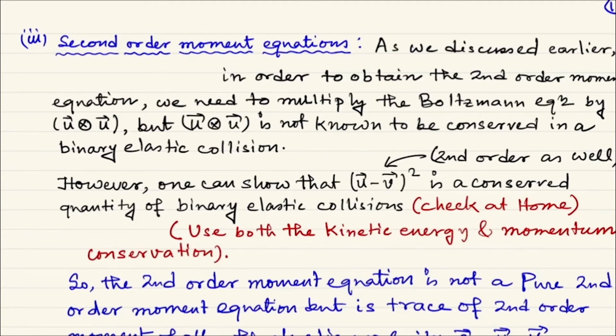So v is a function of x and t, that's true. But in the kinetic case, when we are talking about the kinetic level, v is just a constant, because v has a unique value for the total system.